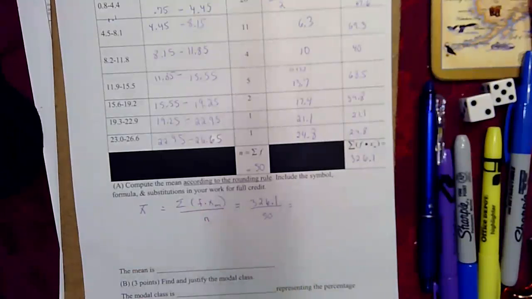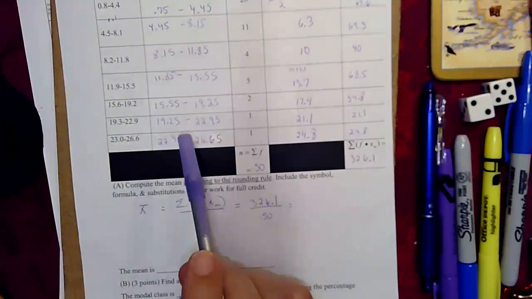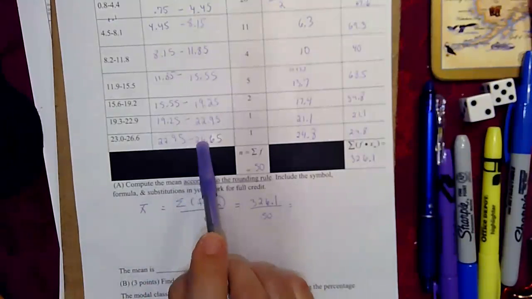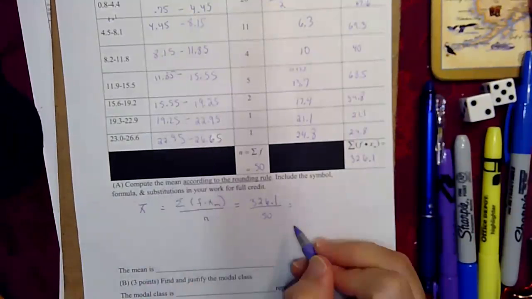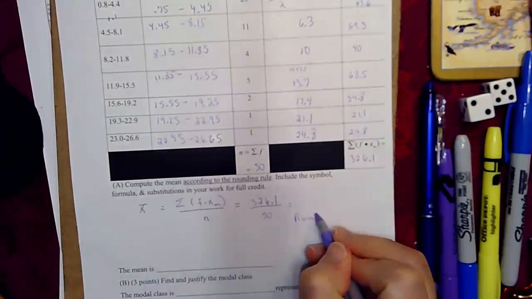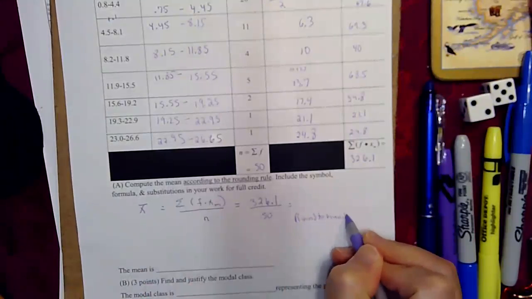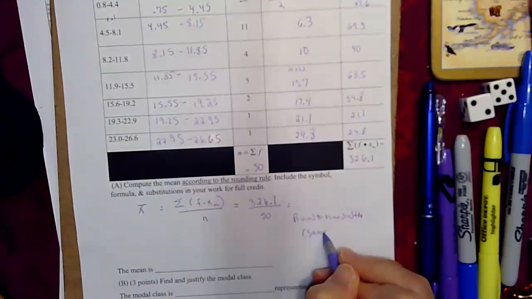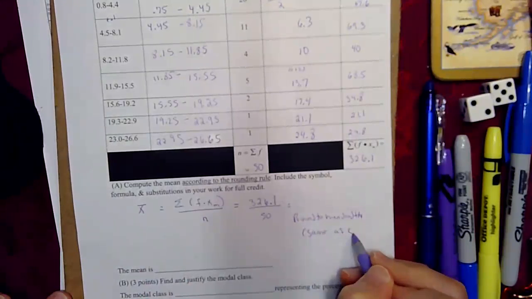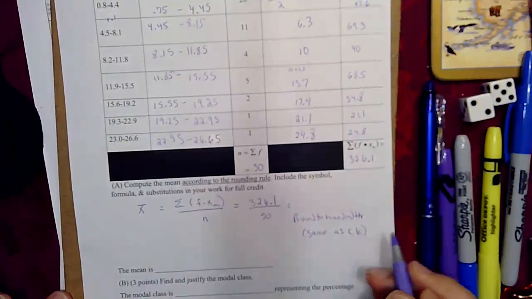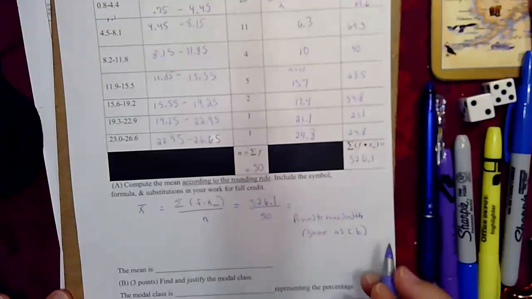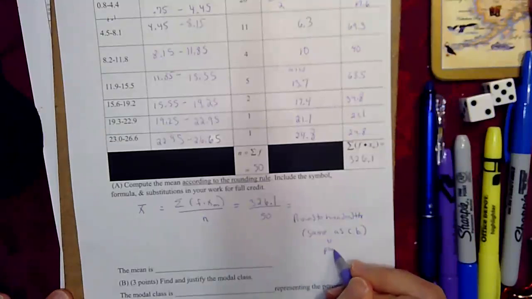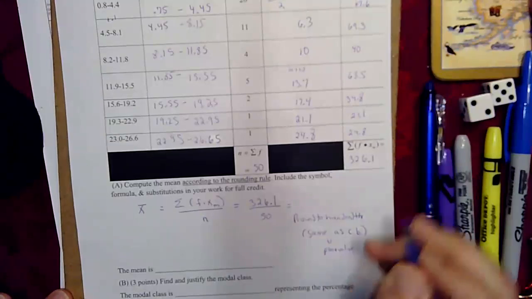And then remember, when you're calculating, you have to round. Remember, it's going to have to be the same place value as the class boundaries, which is hundredths. You're going to have to round this to the hundredths. So remember, it's the same place value as class boundaries.